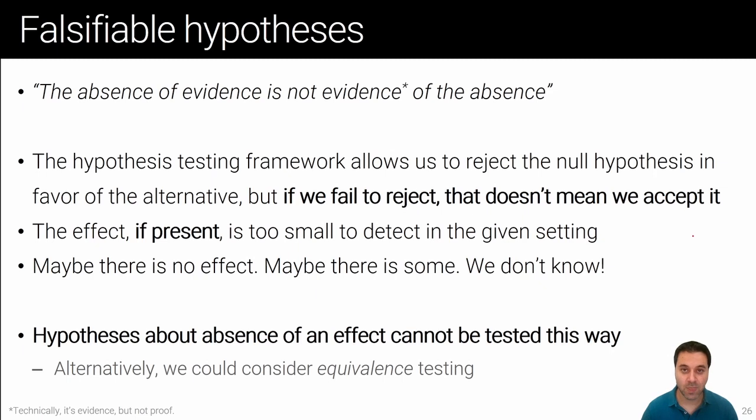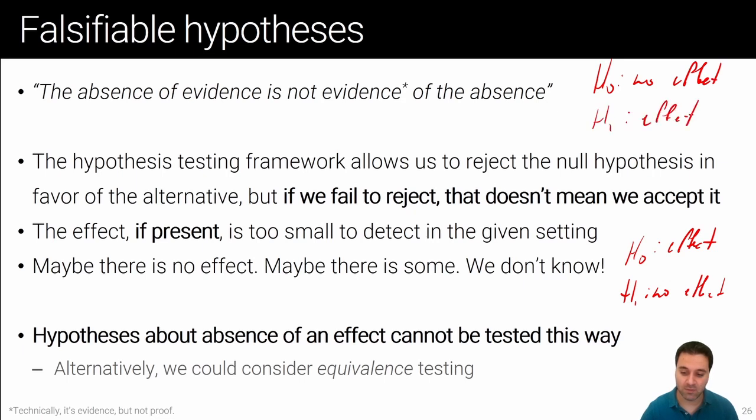We can't. So we cannot test something like the alternative hypothesis being there is no effect, and the null hypothesis being there is an effect. This is not what we test. And of course, if we're testing the typical H0, no effect, and H1, effect, we never accept the null hypothesis.